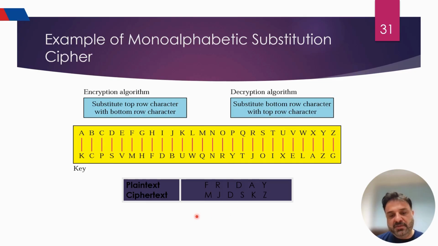So Friday becomes MJDSKZ, and MJDSKZ decrypts as follows: M goes to F, J goes to R, D goes to I, S goes to D, K goes to A, and Z goes to Y. So the result is Friday.